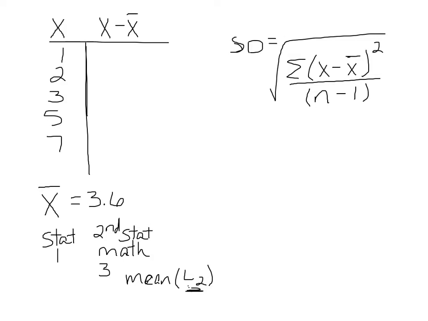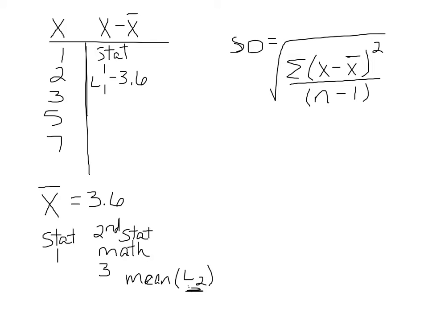To get that in the calculator, you hit stat, edit, so stat number 1, and then you go up to the top of list 2 and you want to write list 1 minus 3.6.